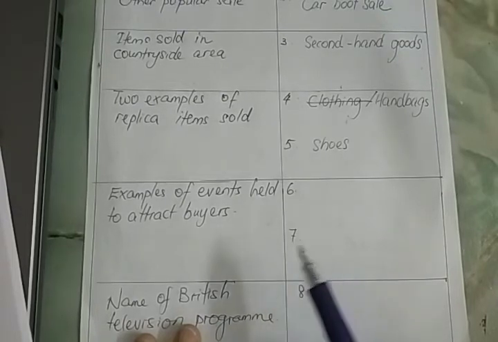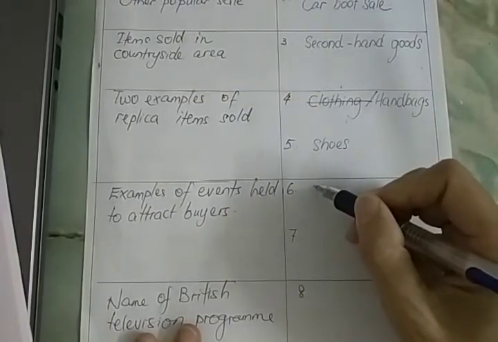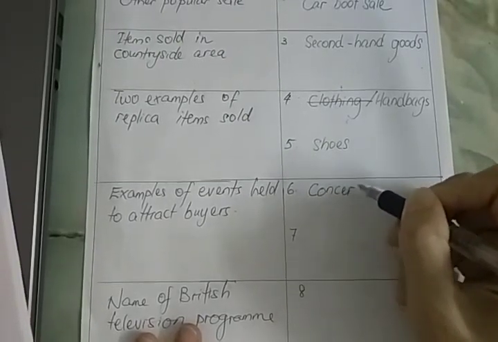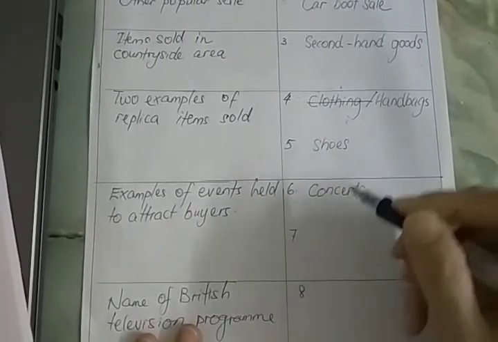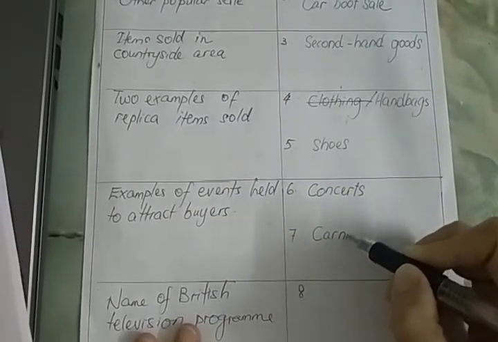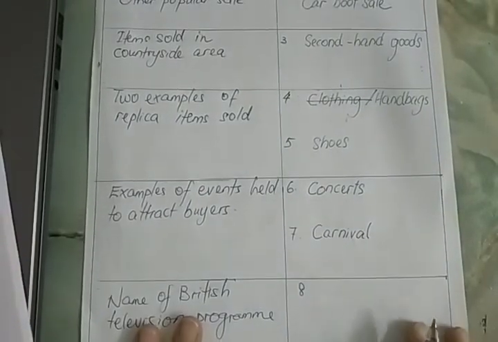So what attract is there? Shoppers means buyers. We can put here concerts. And 7, carnival. Make sure all the spelling is correct.